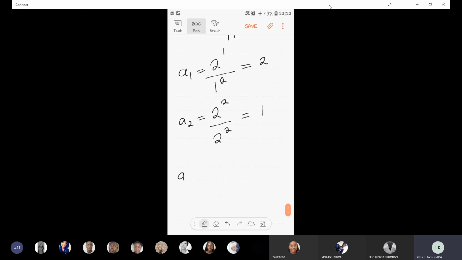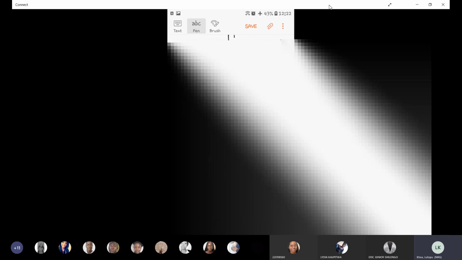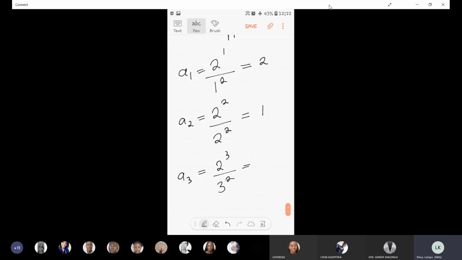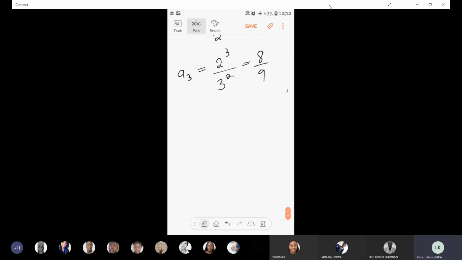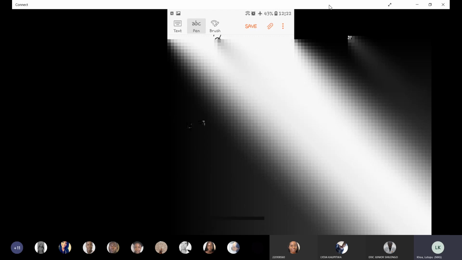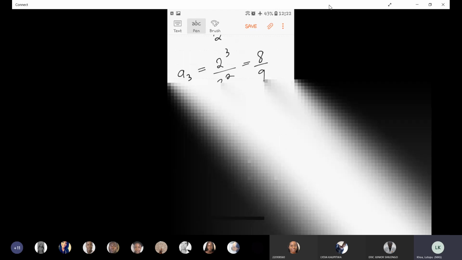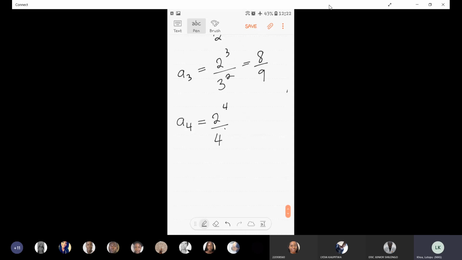And a3, this is 2 to the power of 3 divided by 3 to the power of 2. This is 8 over 9. Then a4, this is 2 to the power of 4 divided by 4 to the power of 2. 2 to the power of 4 is 16 divided by 4 squared.